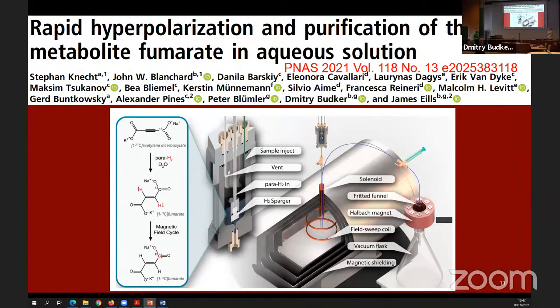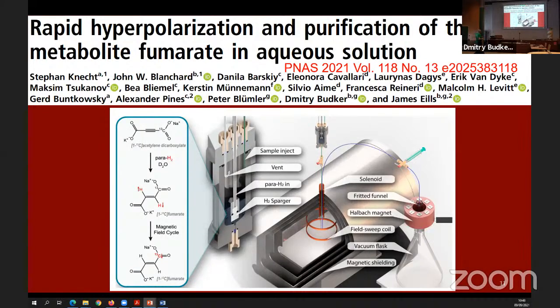We actually want to have polarized C13, which, as you can see, sits here. And we're going to achieve it using the zero field NMR. So this experiment looks like this. Here it is, this catalytic reactor. You see it here. And here this hydrogenation reaction is happening at high pressure, several atmospheres.